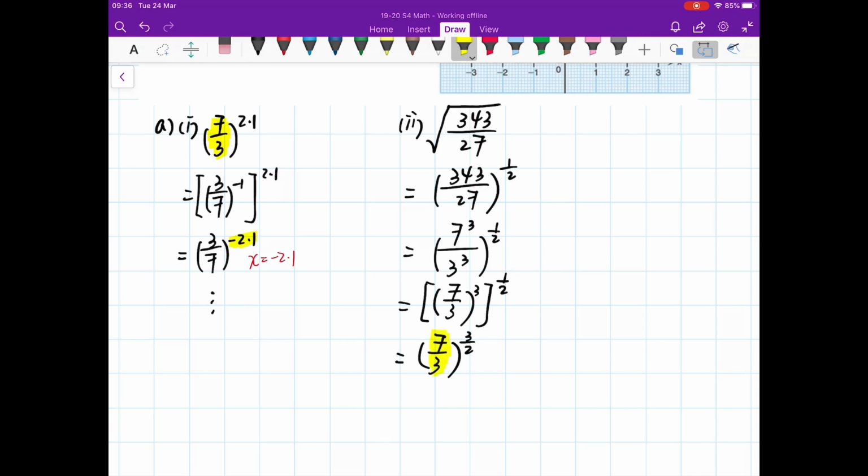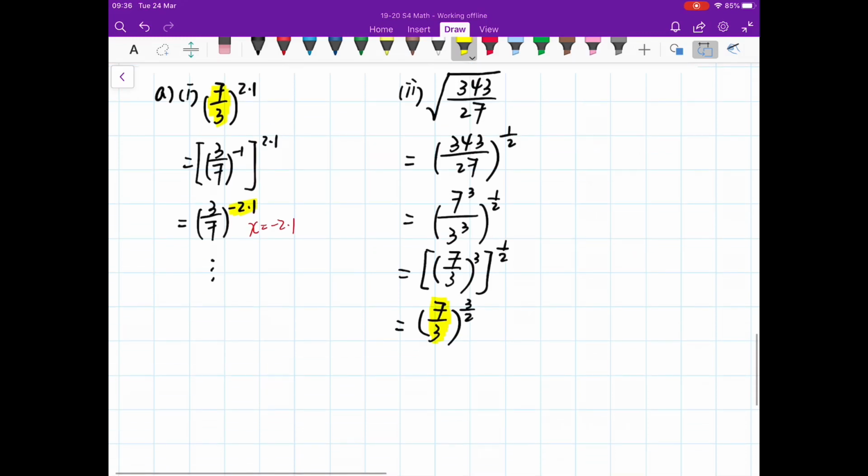So again, is the base the same as the base mentioned in the question? That is no. So we are going to use the similar technique as in part A1, that we can convert 7 over 3 into 3 over 7 to the power -1.